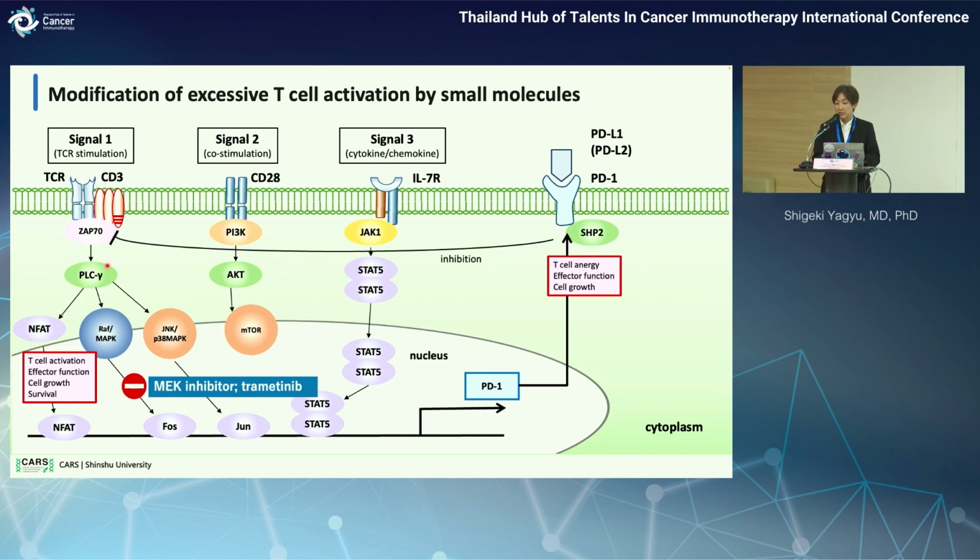We are interested in using the RAF-MAP kinase pathway inhibitor trametinib with GD2 CAR T cells against neuroblastoma, because basically I am a pediatrician and my clinical interest is neuroblastoma. Also, relapsed neuroblastoma cells frequently acquire RAF-MAP kinase pathway mutations, so the MEK inhibitor can be useful for treating neuroblastoma directly, and the combination of trametinib with CAR T cells would synergize the function of CAR T cells.